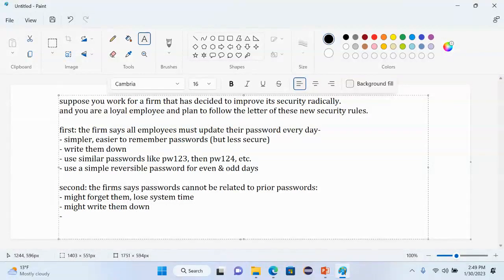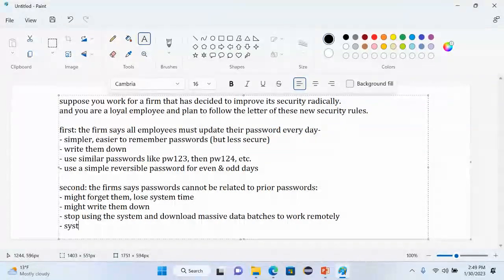Again, bad stuff they might do. What else? Stop using the system and download massive data batches to work remotely, right? They might say, you know what, it's too much of a hassle resetting my password every day. I'm just going to download all the data I'm going to need for the week or for the month and work with that on some other potentially non-secure location.